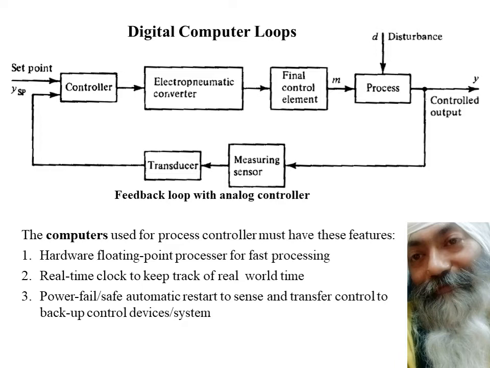So everything has to be kept in mind that in case of any failure, the process must not shut down on account of failure of power to the computer or because of some element not behaving in the system. So it has to have a proper power fail safe automatic restart to take care of all these situations.